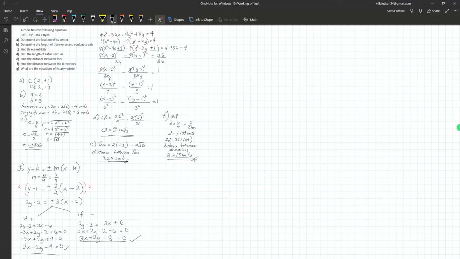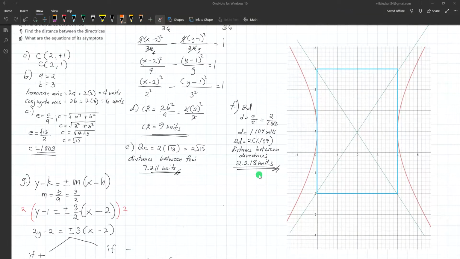To draw the hyperbola, first draw a box using the semi-transverse and semi-conjugate axes A and B. So our center is at 2, 1. So here's your origin, 2 units for the x coordinate and 1 unit for y.